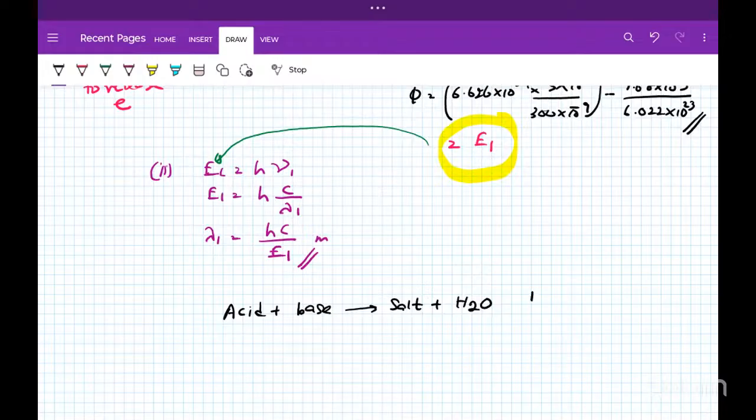Like for an example, sodium sulfate dot 10H2O. So it's their characteristics. We are learning about those things. So this combined salt is called a crystalline salt.